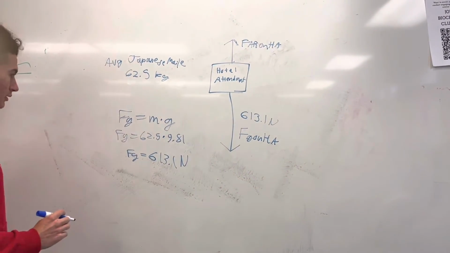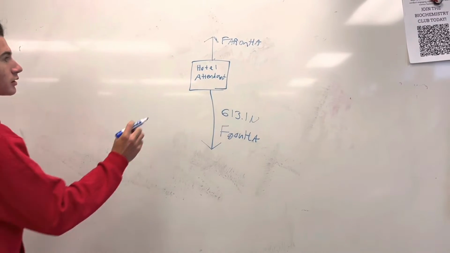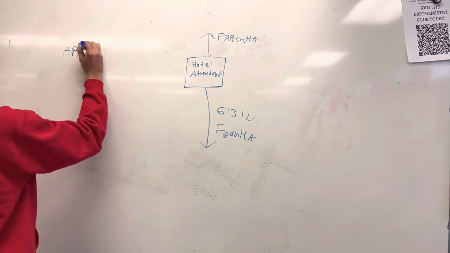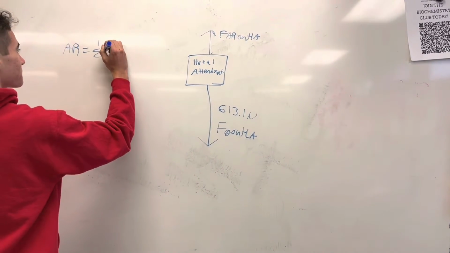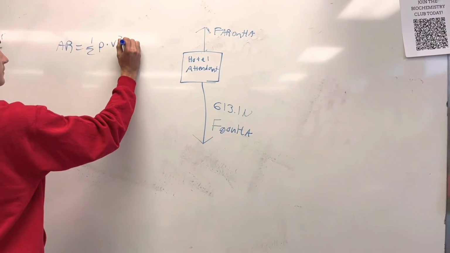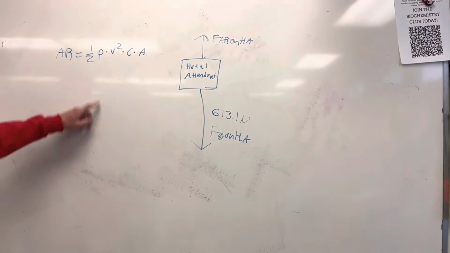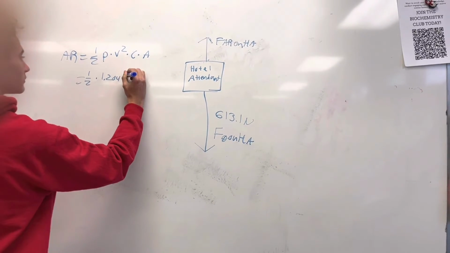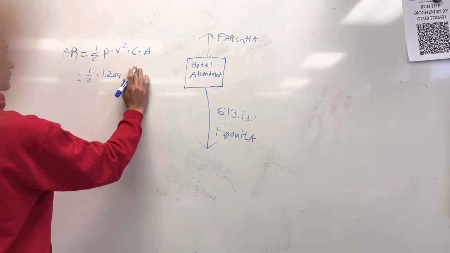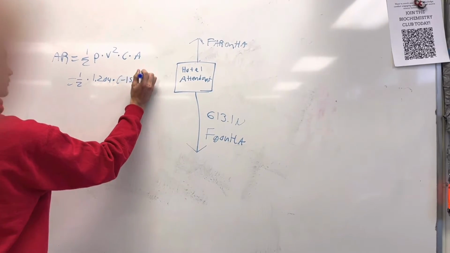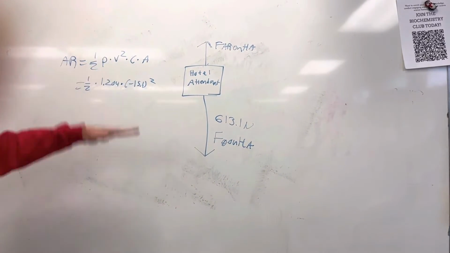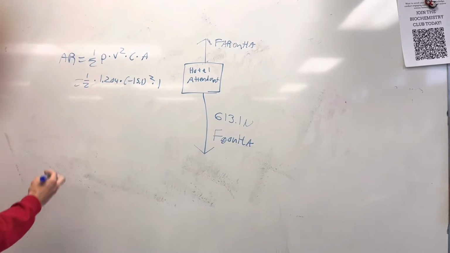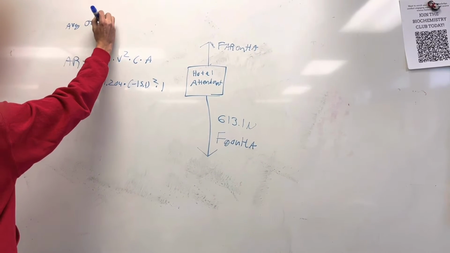And now for air resistance. The formula for air resistance is a little bit different. The force of air resistance equals 1/2 times the air density times velocity squared times the drag coefficient times the body surface area. The density of air at room temperature and at ground level in Japan is 1.204, and we plug in the velocity.